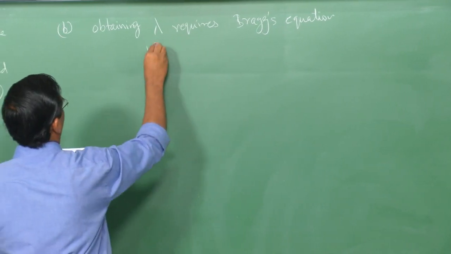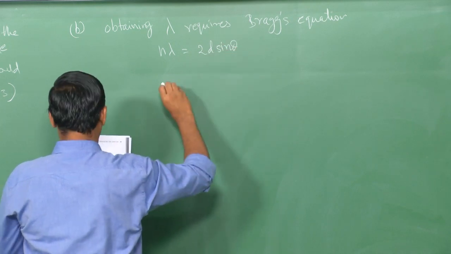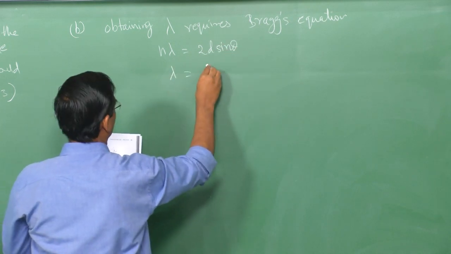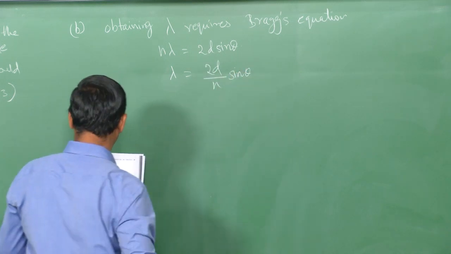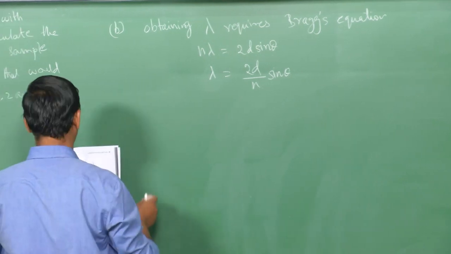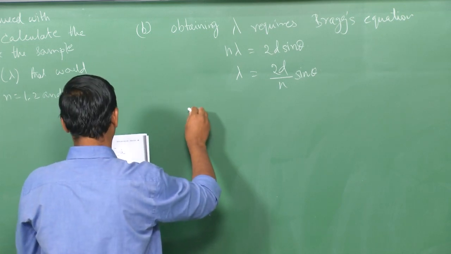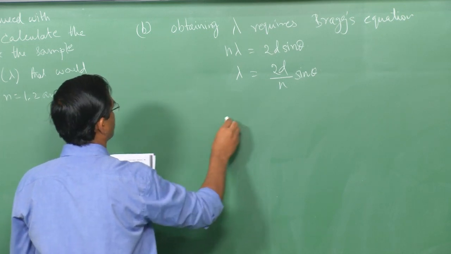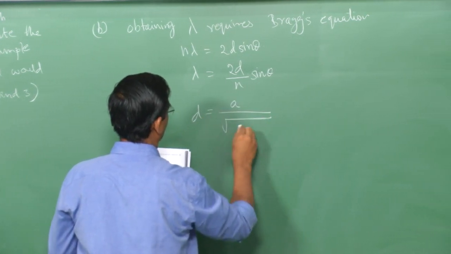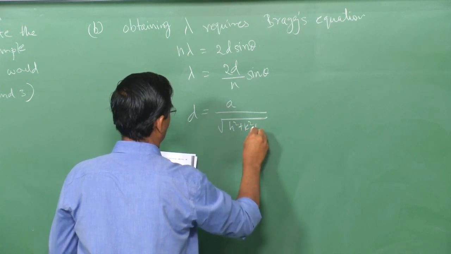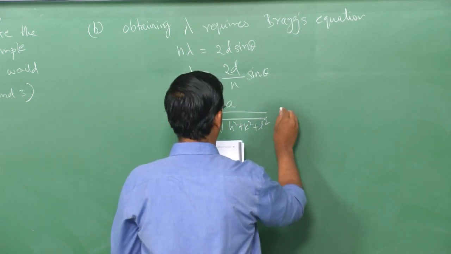So, again n lambda is equal to 2d sin theta, and lambda is equal to 2d sin theta by n, then we know that d is equal to, you can substitute them.